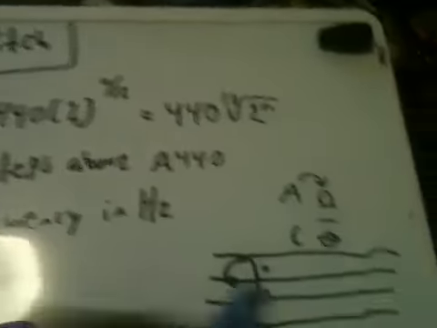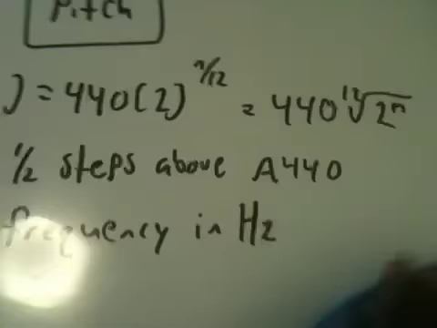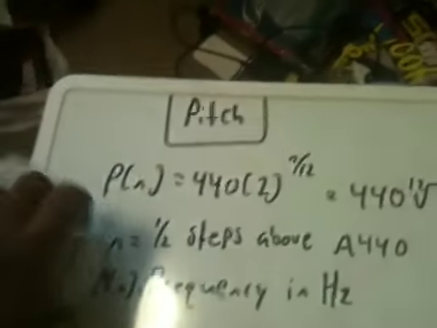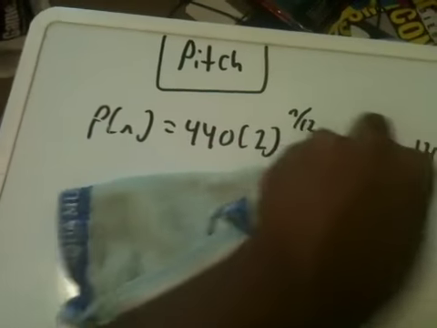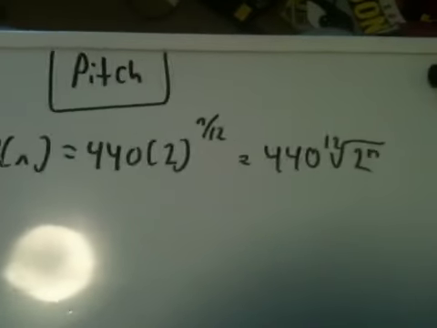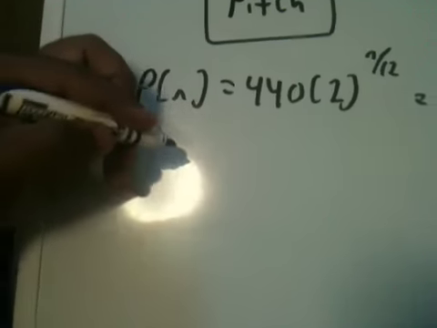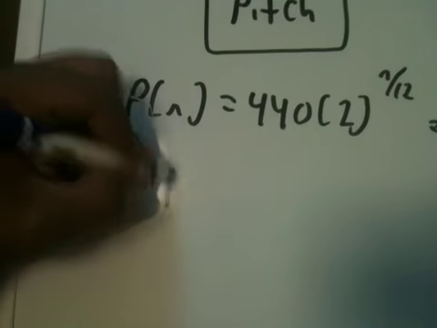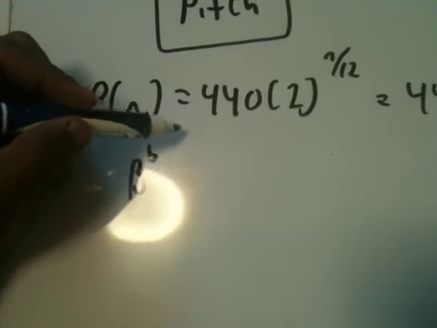So let's do a few examples. Let me erase some of this stuff. This is assuming we want the frequency of a note given how far away it is from A440. Let's say I want to find the frequency of the B flat above A440.